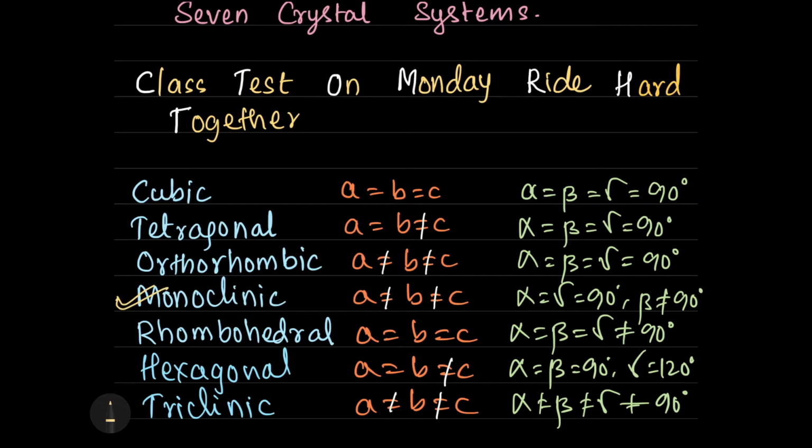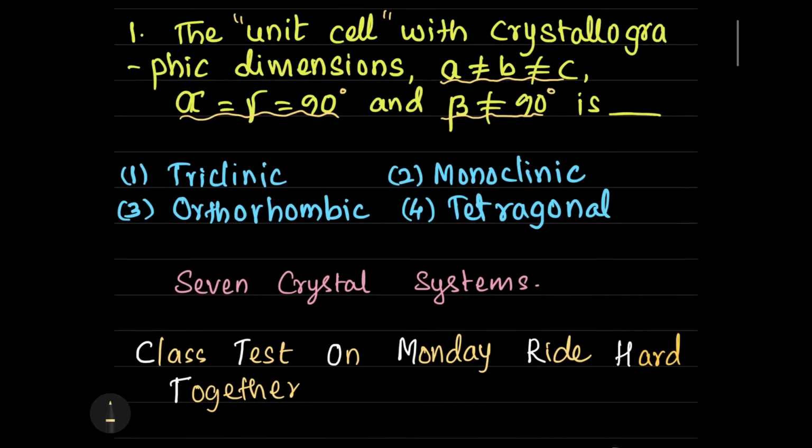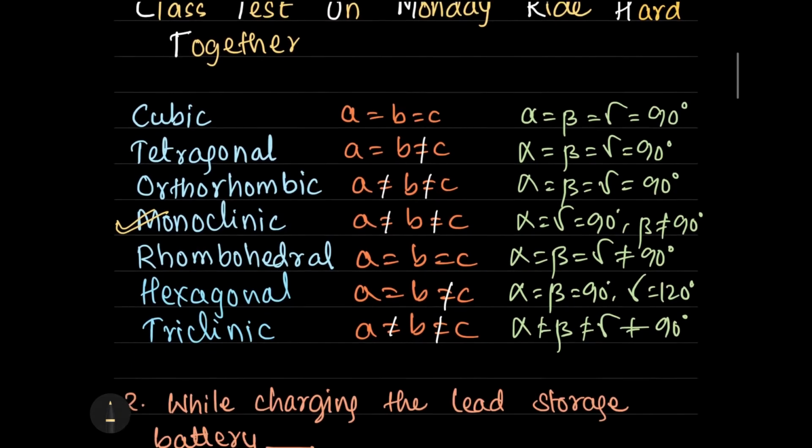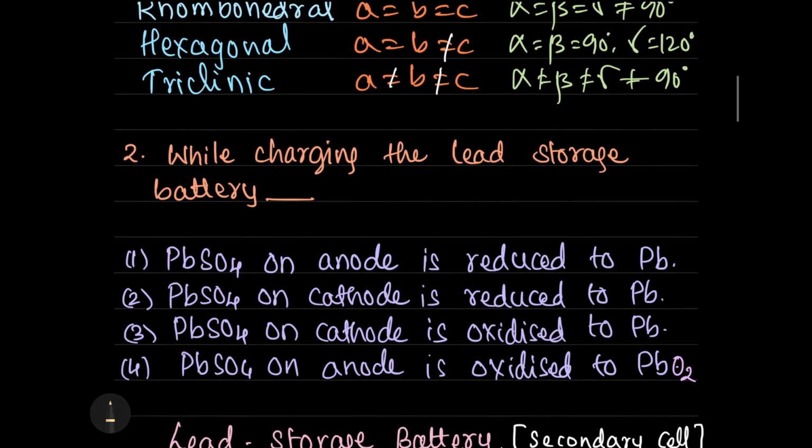Monoclinic is a is not equal to b, b is not equal to c, alpha is equal to gamma is equal to 90 degree and beta is not equal to 90 degree, as you can see here. That's why the answer to this question is option number 2, that is monoclinic. So let us jump into the second question.